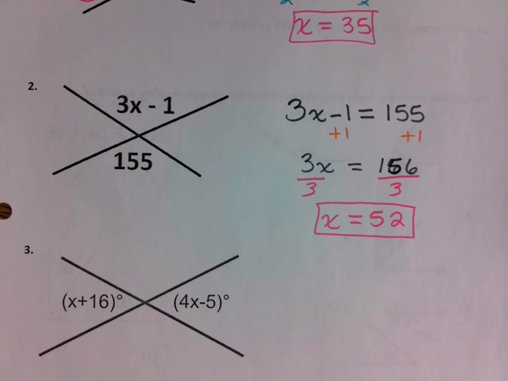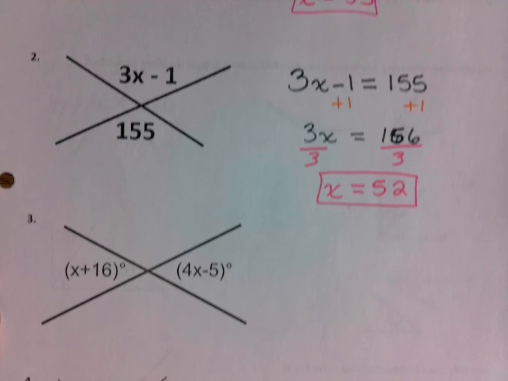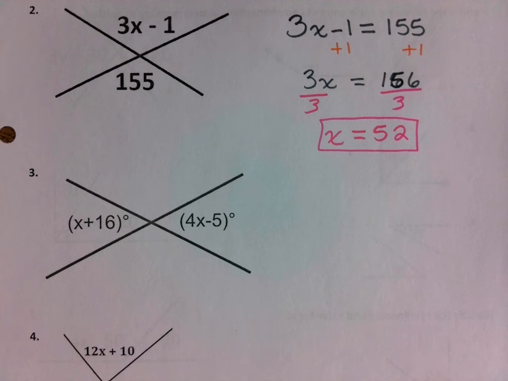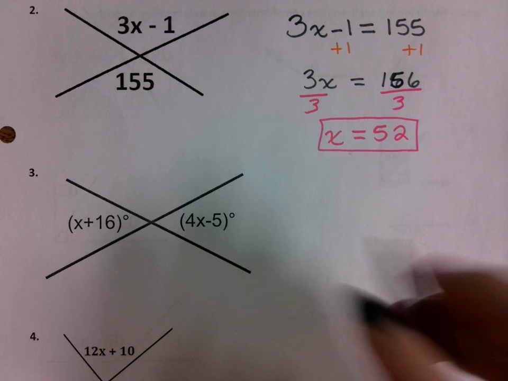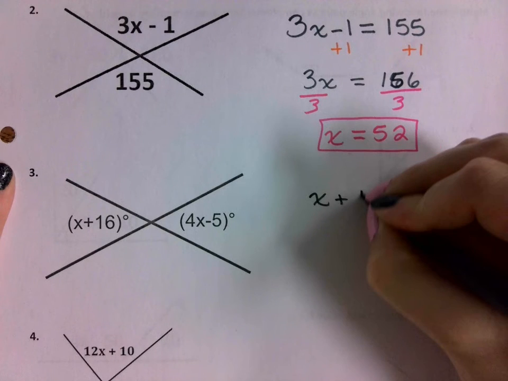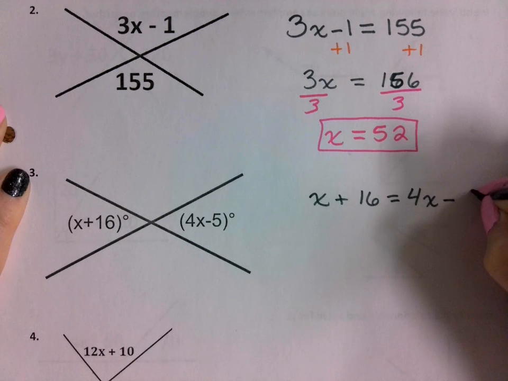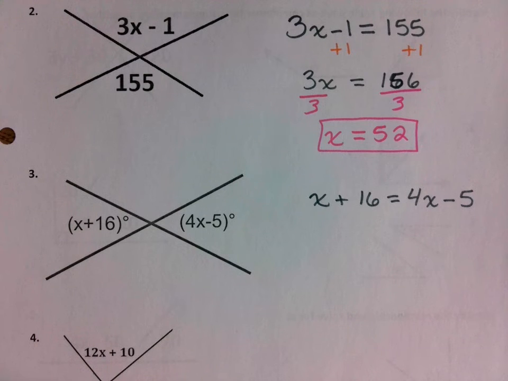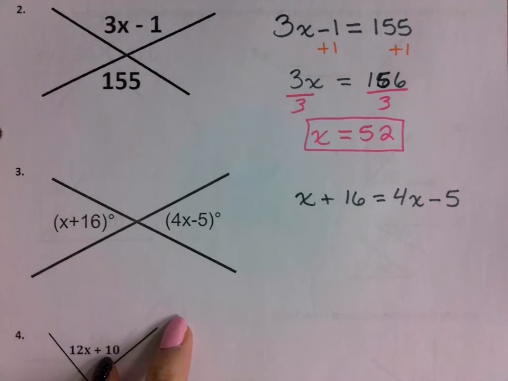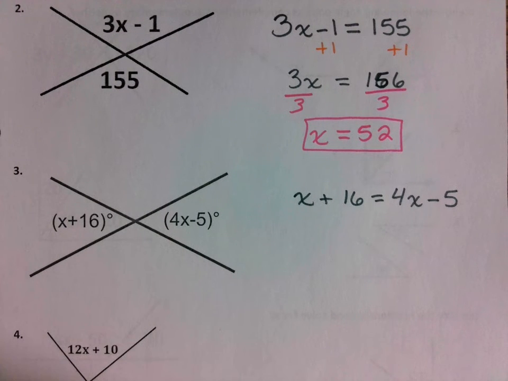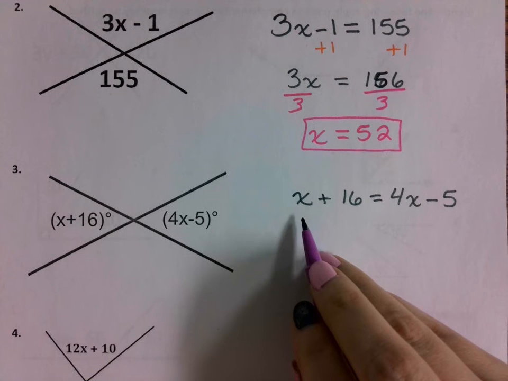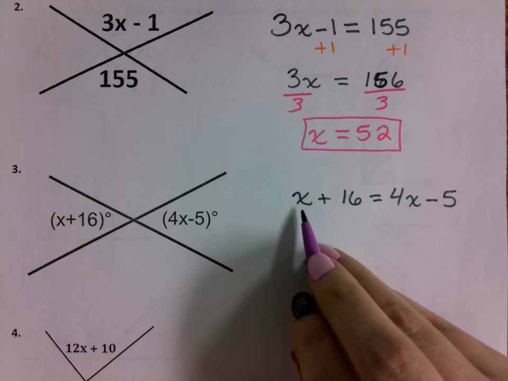Okay, for problem number 3, again, these are vertical angles. We have x plus 16 is equal to 4x minus 5. What's the first step here going to be? Very good. And how are we going to move it? Are we going to add it or subtract it? Subtract it. This is a 1x. I'm going to put a little imaginary 1 in there.